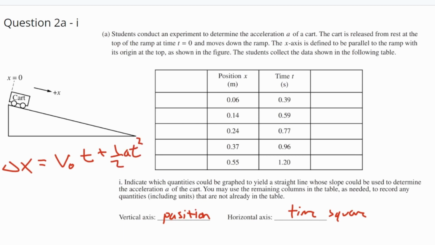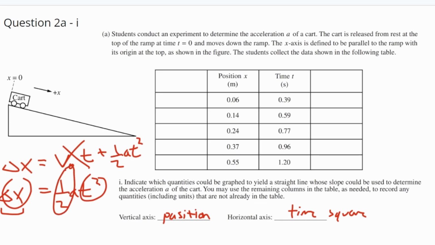Since we're starting from rest, there's no v0t, so delta x would equal 1/2 at squared. If we were to plot delta x versus time squared, it would be a linear straight line, and the slope would be 1/2 a, so we just multiply it by 2 to get a, not a directly.